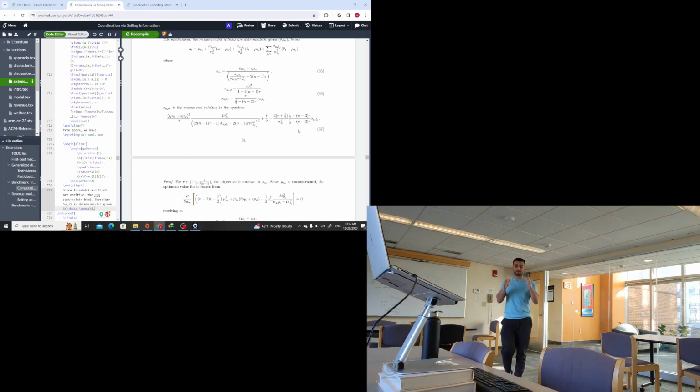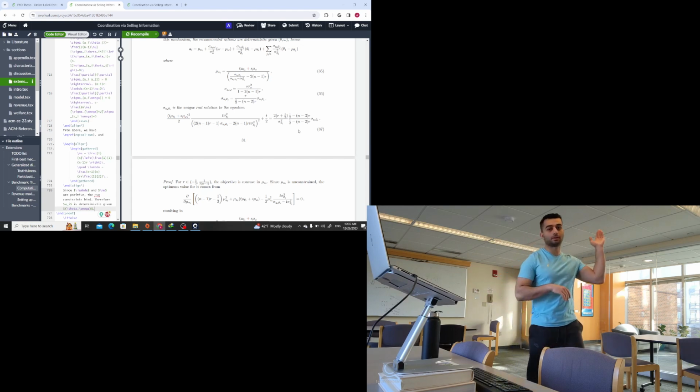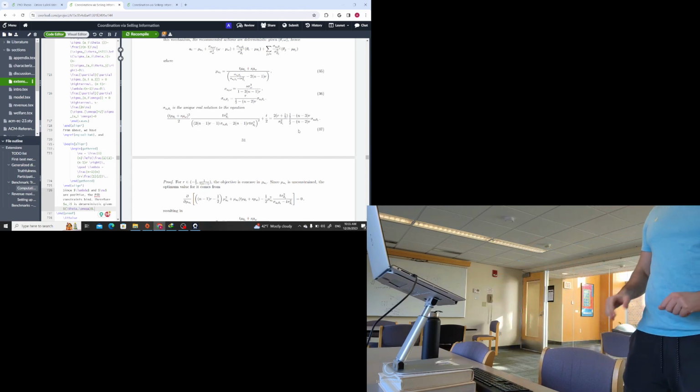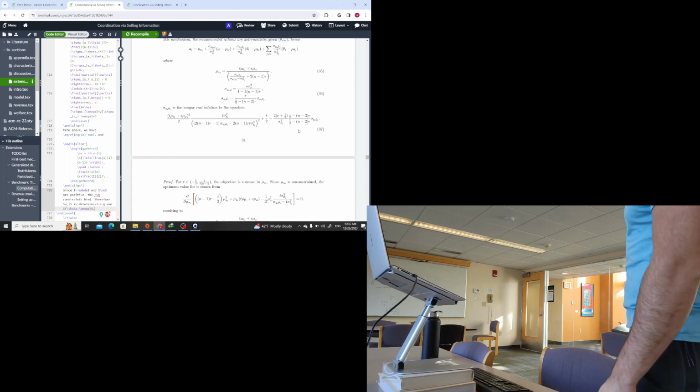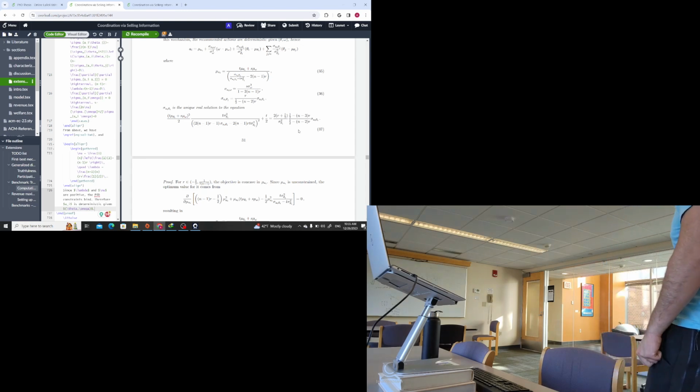So we have this curve like this, and we have this line like this. They cut each other. Why does it make the solution unique?